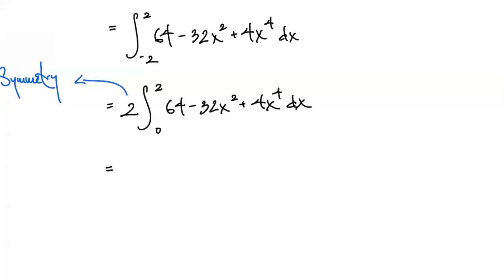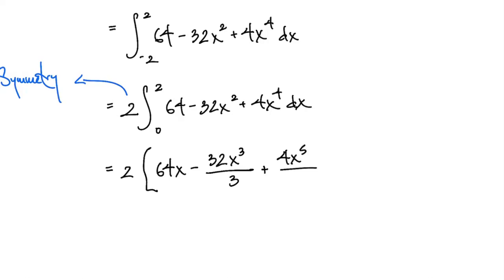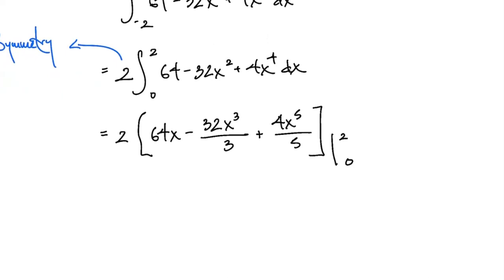Okay, so we're going to have 2 times. Integral of 64 is going to be 64x. Integral of negative 32x squared is going to be negative 32x cubed over 3. Plus integral of 4x to the 4th is going to be 4x to the 5th over 5. We're going to plug in 2. We're going to plug in 0. All right.